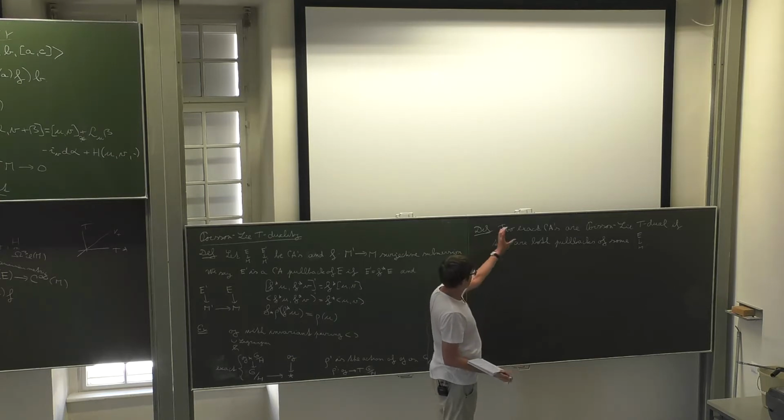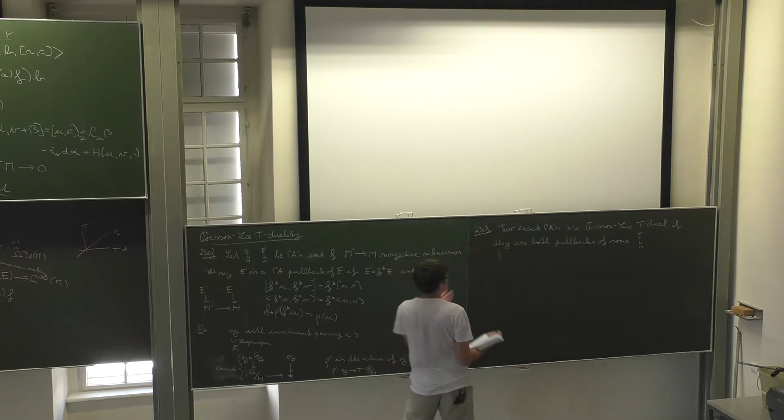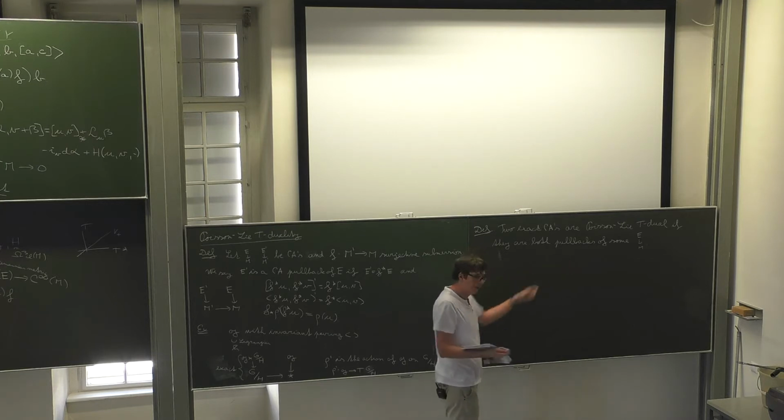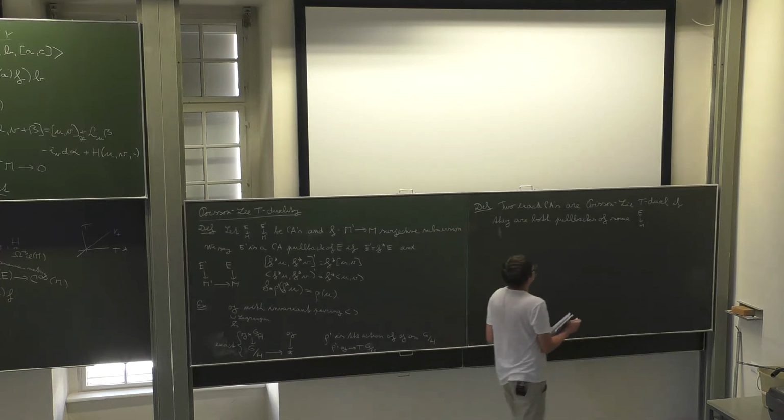So if you have two Courant algebroids and they happen to be in this relationship that they are both pullbacks of one common ancestor, then you say that they are Poisson-Lie T-dual.